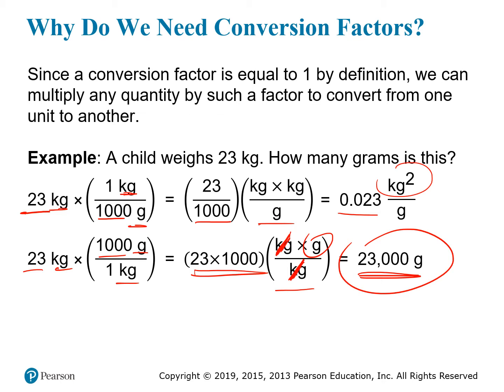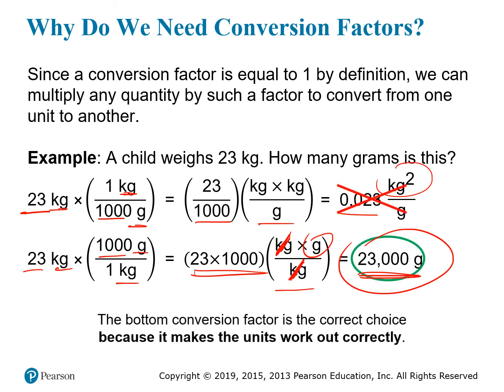We started with kilograms and we wanted to convert it into grams. So the bottom conversion factor was the correct choice because it makes the units work out correctly. The first conversion factor wasn't appropriate for this context. Mathematically, that still has some sort of meaning, but it doesn't really make sense when we're dealing with measurements.